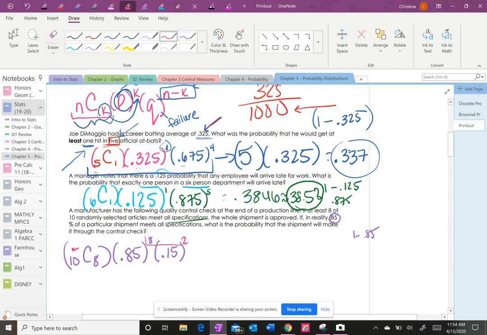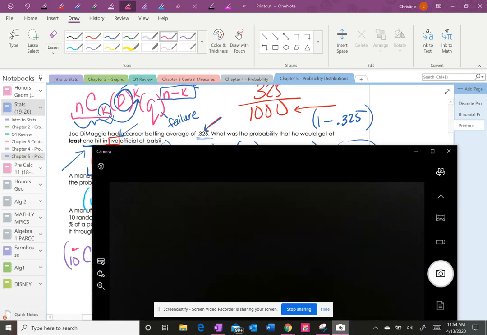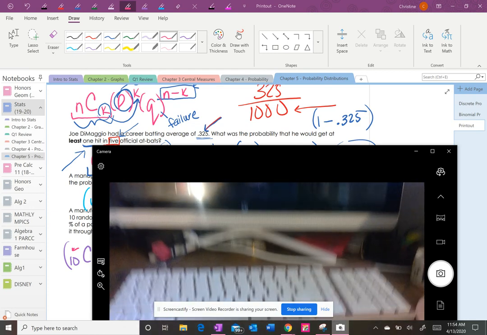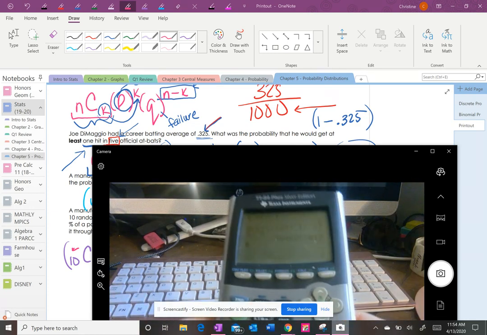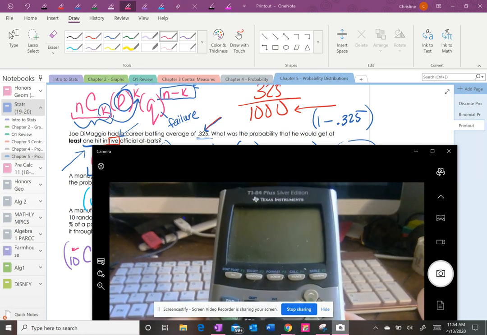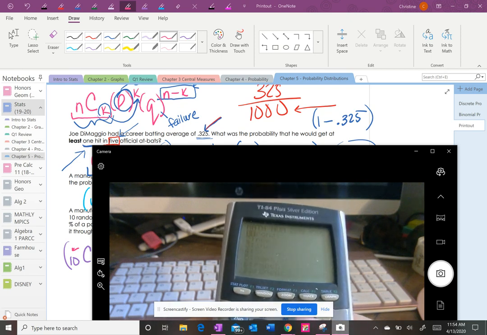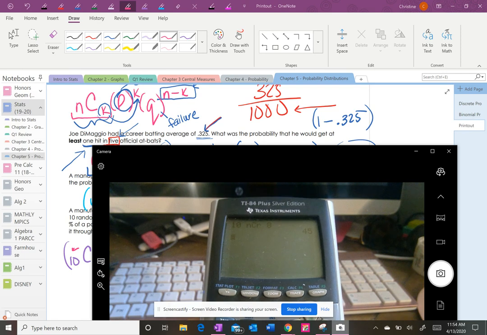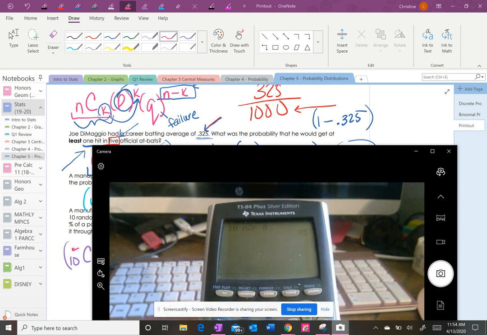Go ahead and put this in the calculator. I'll do it on the screen again. So here we go. 10, choose 8. Okay, so there's 45 different ways you could do this.